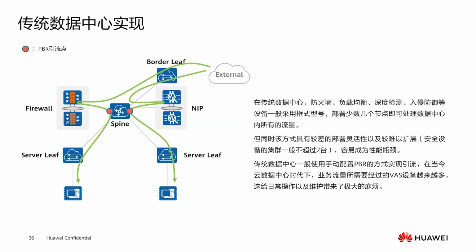To implement PBR, the traffic detours when it comes in, rounds from this side, matches again, and rounds from this side again. This is done through possibly different VPN instances, going back and forth. This is one way of implementation, which is centralized.